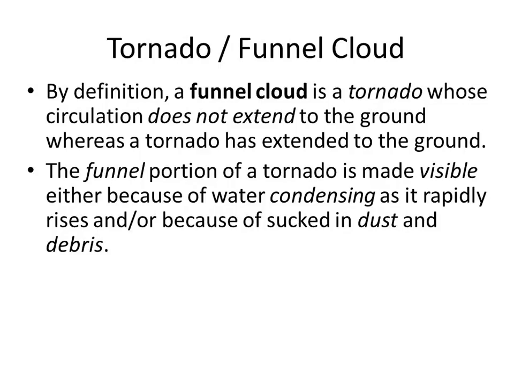And this is what I said before, the reason we can see a tornado: you can't see wind moving, but you can see stuff in the air that is in the wind. So the reason you see it is either debris and dust or condensed water.